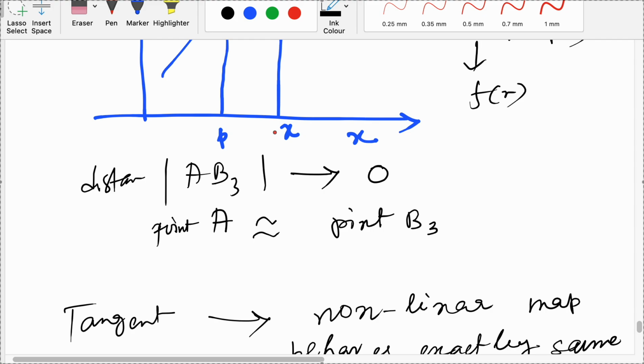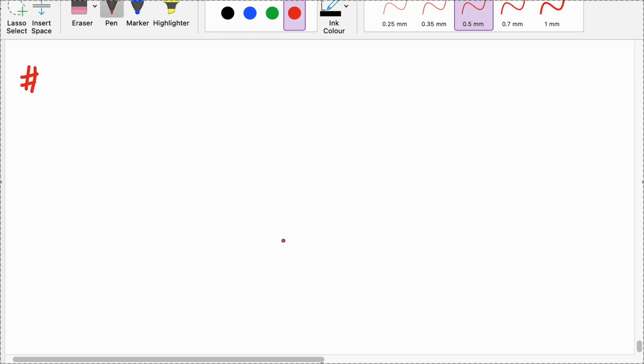To see that, we have to check a thing called zooming out.